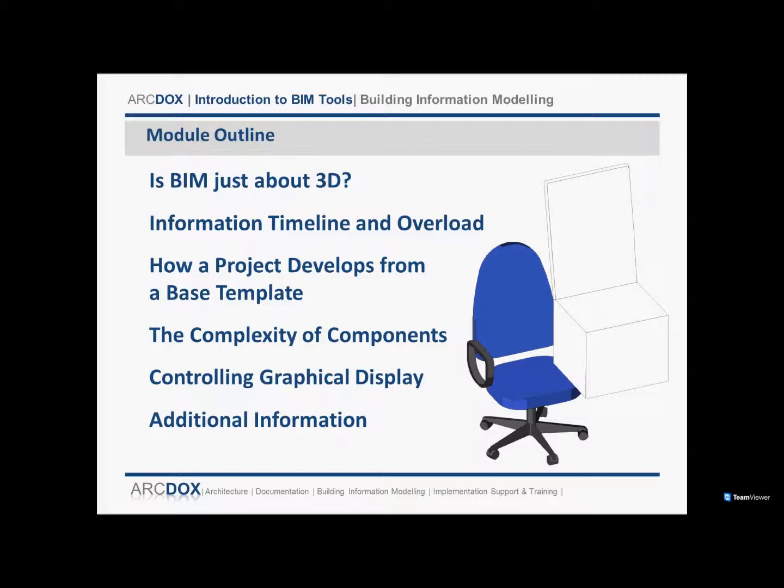The complexity of components: we'll have a look at some best practices, like model as little as is required in 3D, and use 2D line work with metadata to beef up your component with information as opposed to 3D geometry. Controlling graphical display, how your 2D and 3D components are controlled and displayed in Revit. I'll just brush over that, have a quick look at that.